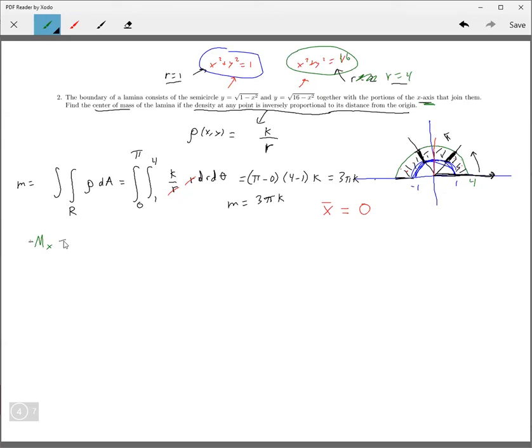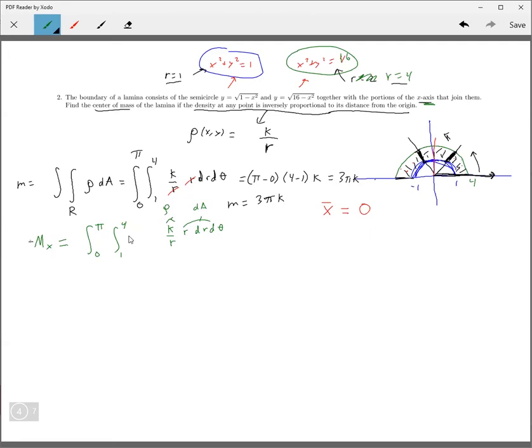So that means you only have to find the y coordinate. We integrate over the same region. We still have the dA part and the rho part, but for this one we need to put a y.